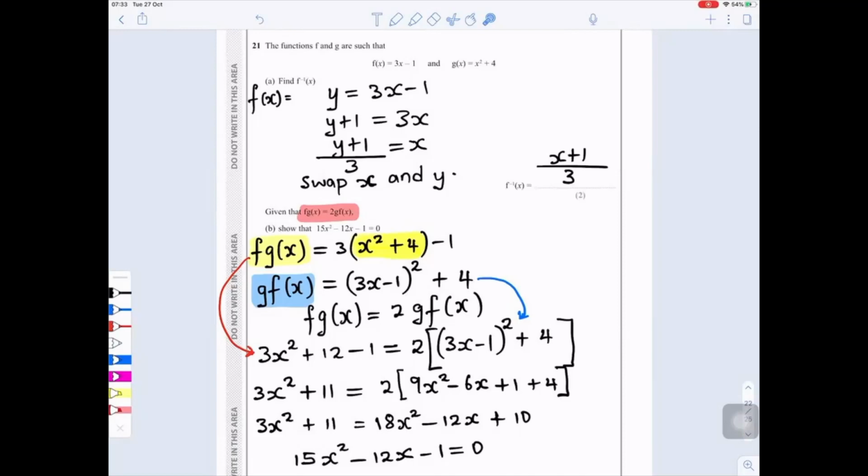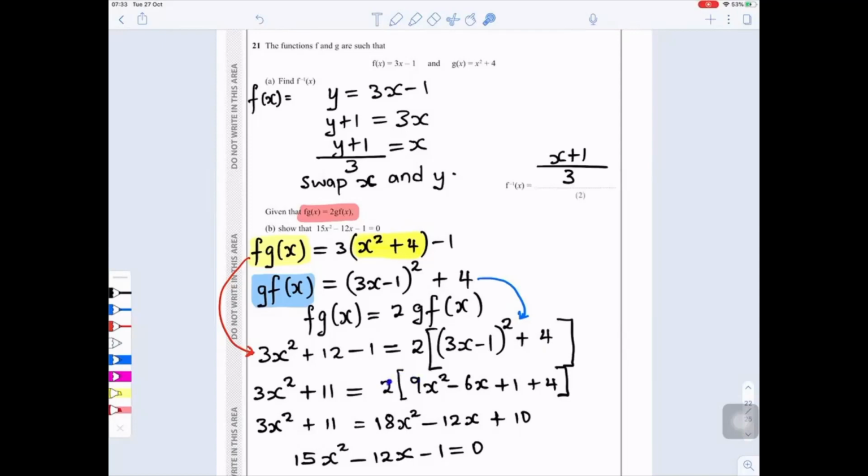Now, 3x squared plus 12 minus 1 is 11, equals 2 bracket. You expand 3x minus 1 all squared, which will give you 9x squared minus 6x plus 1, plus the 4.